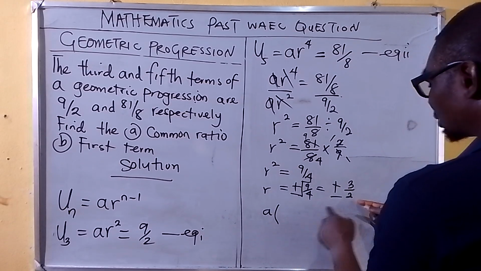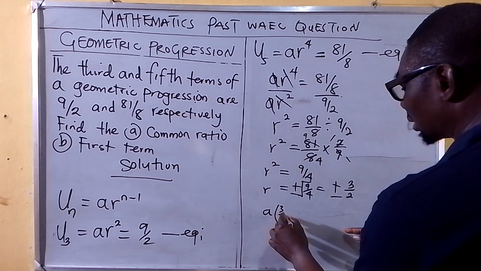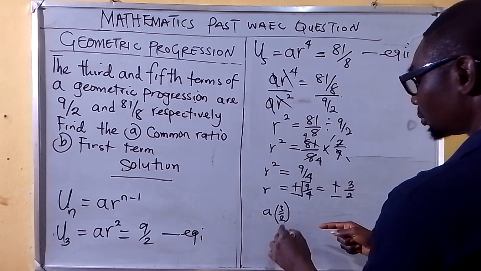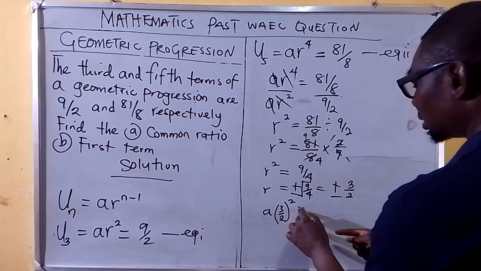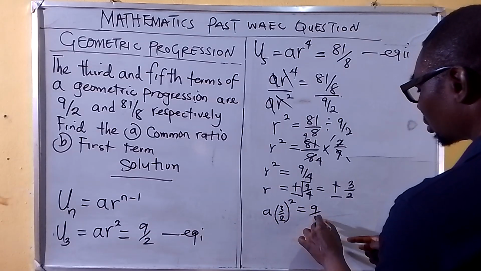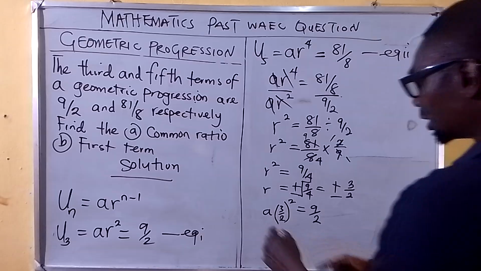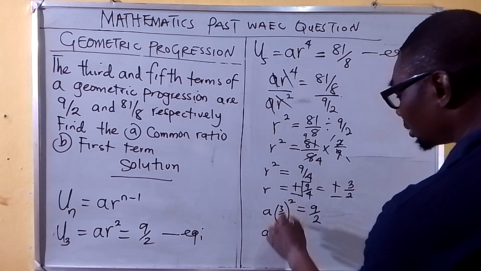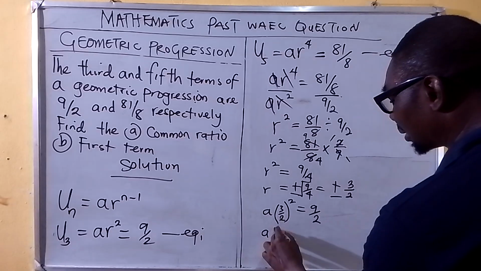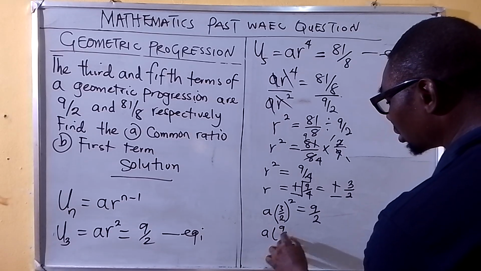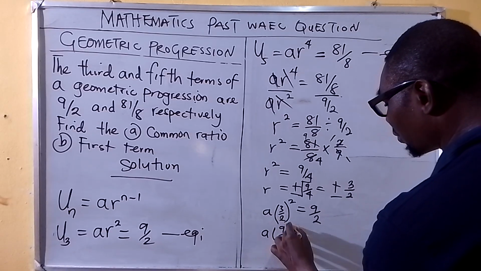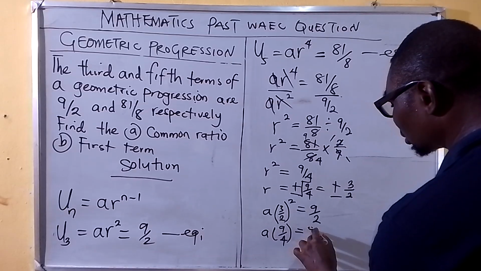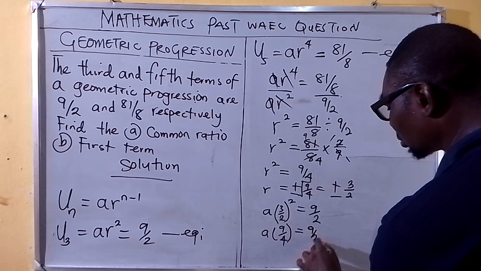So we now have plus 3/2, all squared, is equal to 9 over 2. If I open this bracket, I'm now going to have 9 over 4 is equal to 9 over 2.